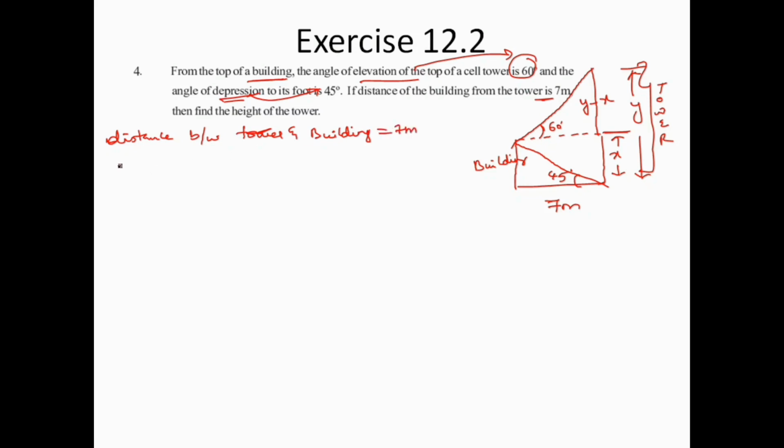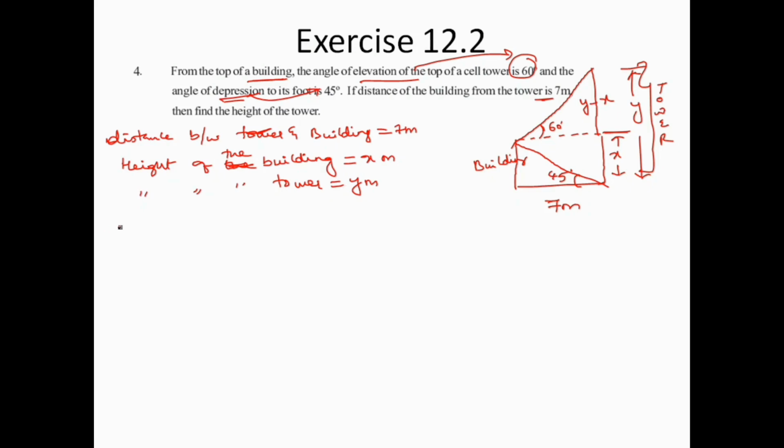The height of the building is equal to x meters. The height of the tower is equal to y meters, isn't it? I hope this is also clear for you.